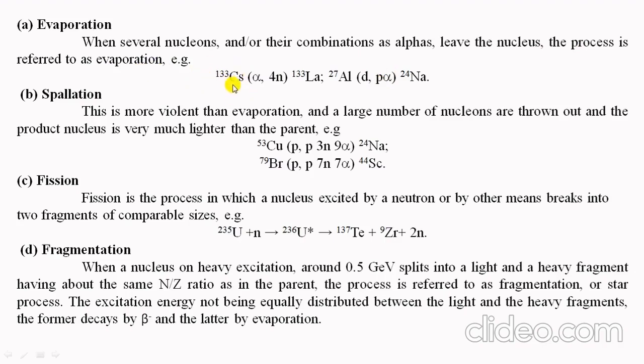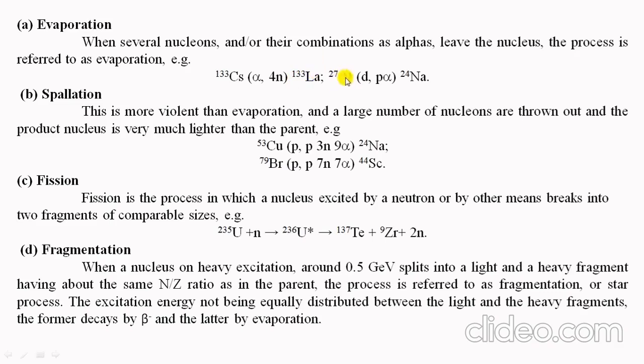For example, cesium 133, when struck with an alpha particle or helium particle, 4 neutrons are ejected and the product is lanthanum 133. So in this case, several nucleons or ejectiles are there.